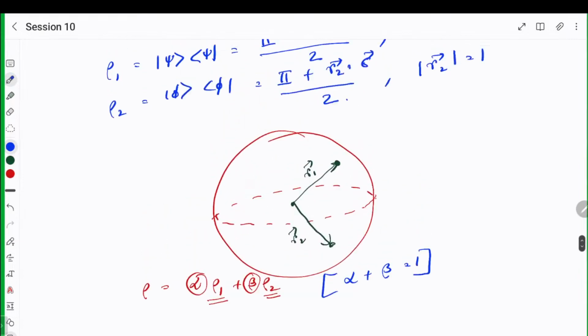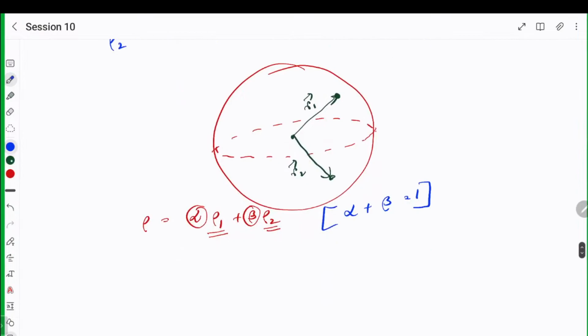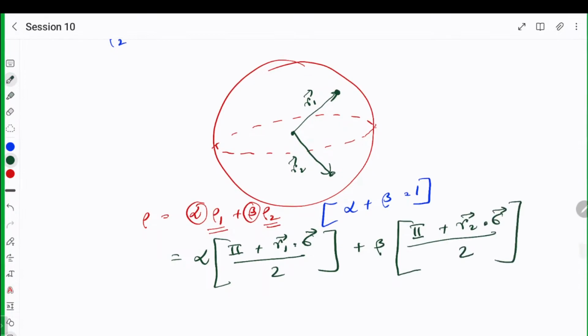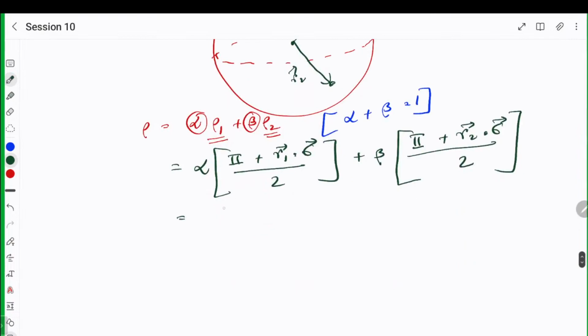Okay. Now, if we put in the value of rho 1, so what is rho 1? It's nothing but (I plus r1 dot sigma) by 2, plus beta, and here rho 2 is nothing but (I plus r2 dot sigma) divided by 2. So what does this give us? If you look at the coefficients of I, this is nothing but (alpha plus beta) I by 2.